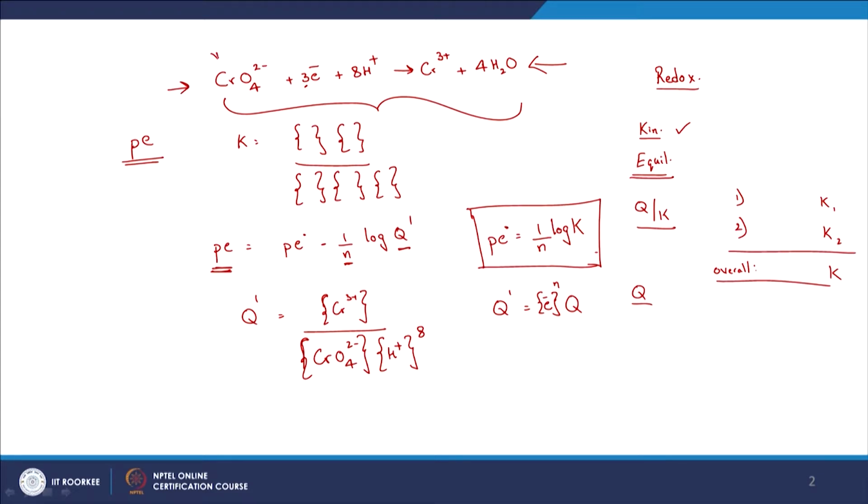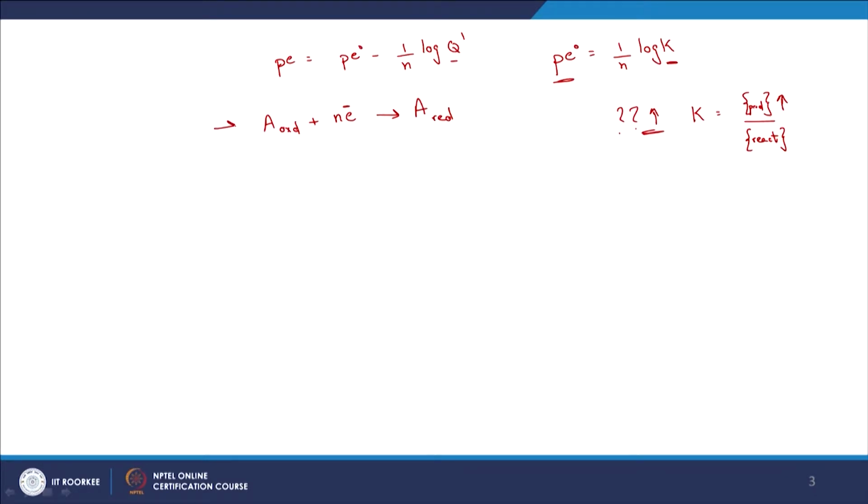Chromium in its oxidation state 6, CrO4 2 minus, 6 to 3, is taking in electrons. So it is in the 6 oxidation state taking in 3 electrons, and thus the oxidation state of chromium is reducing to 3. So that is what you see here, right. So again the generic form is nothing but A oxidized plus the number of electrons being accepted, going to the reduced form of the relevant compound, right.